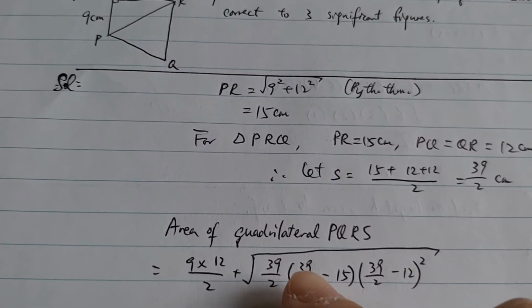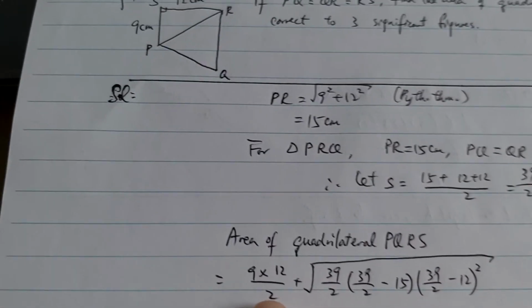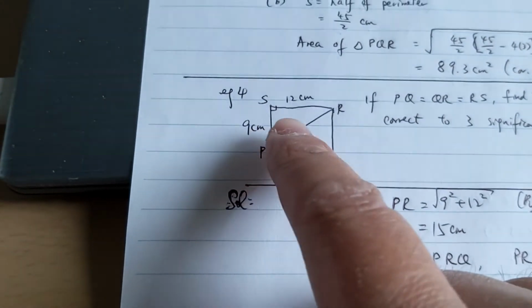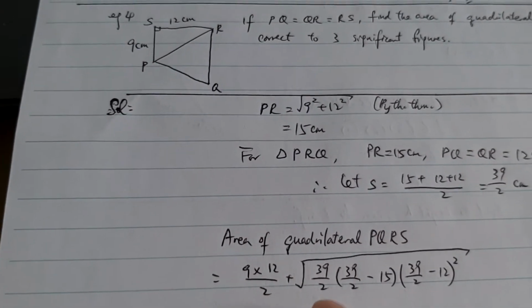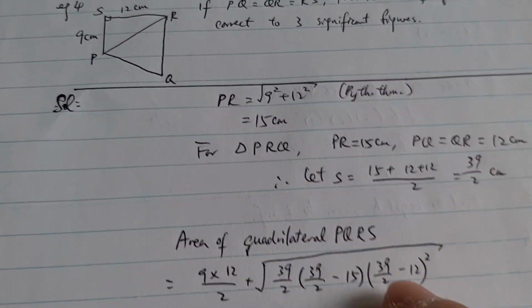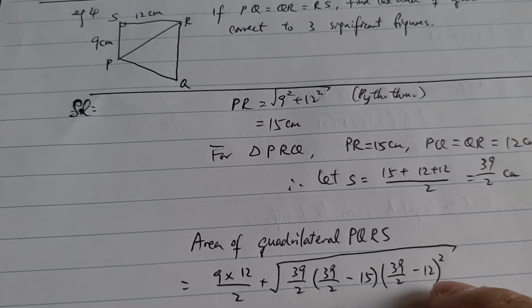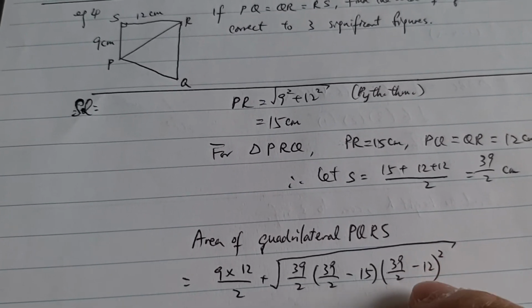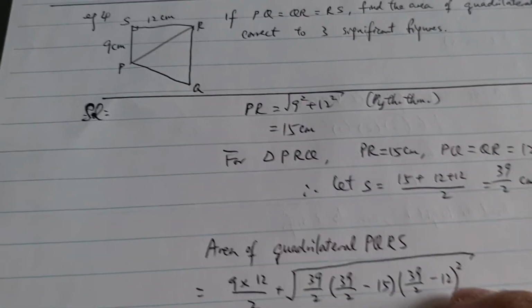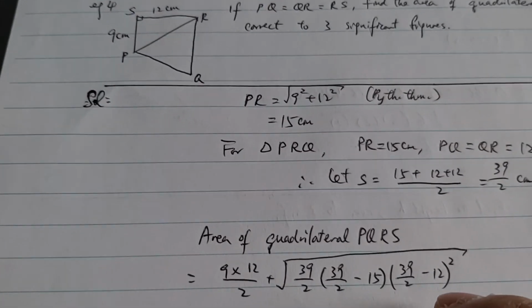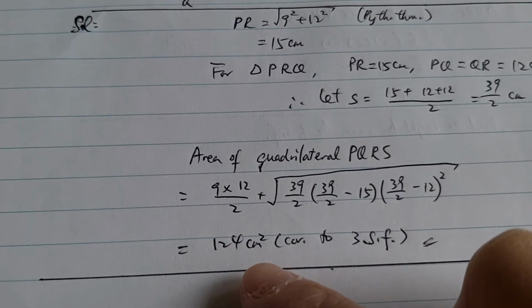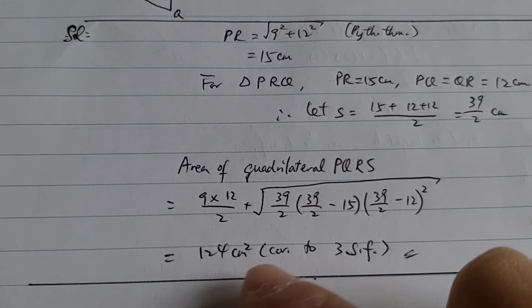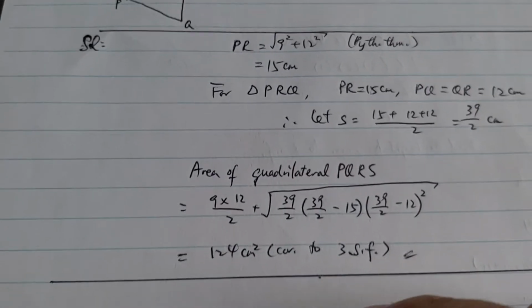Therefore, the area of the quadrilateral PQRS is first the area of the right angle triangle, 9 times 12 over 2, plus the other one by Heron's formula. For this one, because they are the same side, I use a square, because the same number multiplied together is the square of the number. Finally, we can find the answer, which is 124 cm squared, correct to three significant figures.